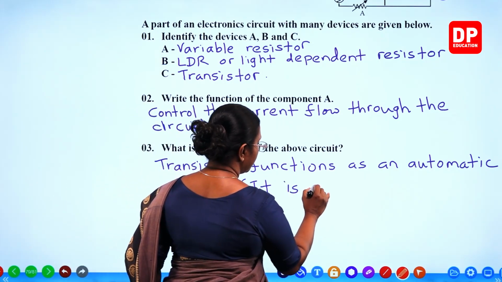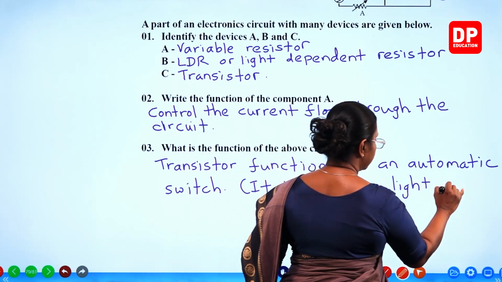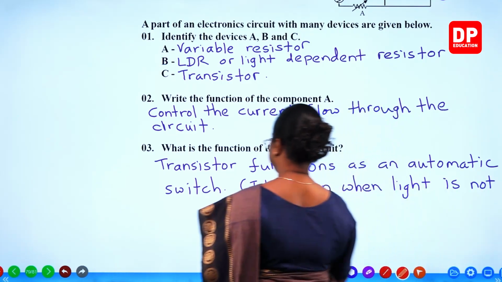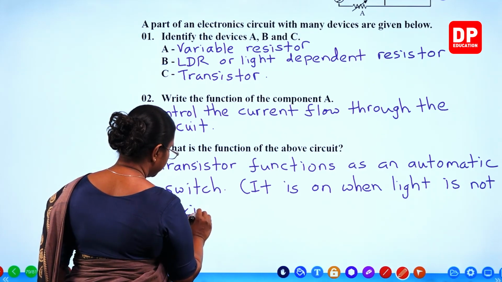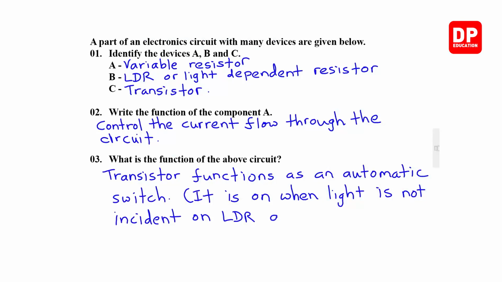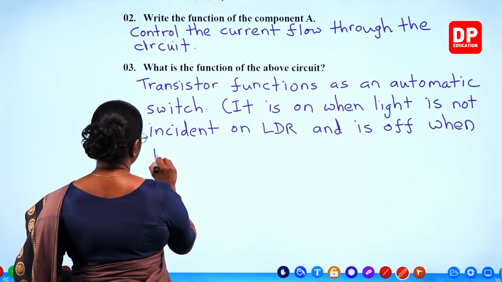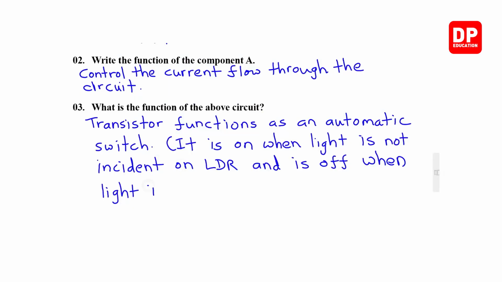It is on when light is not incident on LDR and is off when light is incident on LDR.